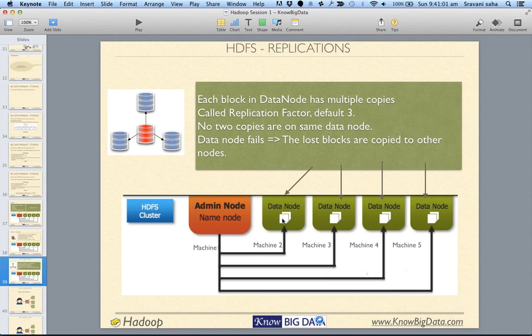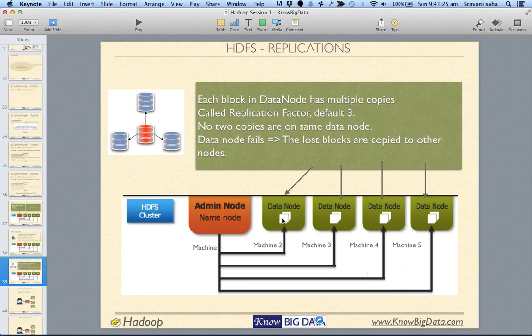So if there is a 1 GB file, it has 8 blocks, and each of the 8 blocks is replicated twice more, which means there are 24 blocks, and these 24 blocks will be distributed across the cluster. And when a request is coming for a file, out of these 24 blocks, 8 blocks will be retrieved.